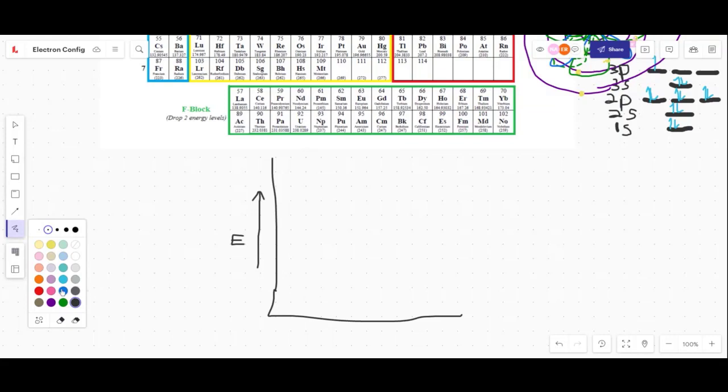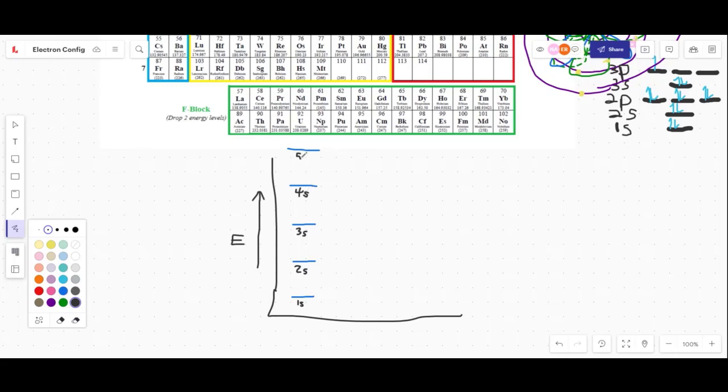So if I was to write out the energy levels of these different orbitals, so here's, okay, this would be like, say, a 1s, here's a 2s, here's a 3s, here's a 4s, here's a 5s. Okay, so I'm going to label these 1s, 2s, 3s, and each one of these lines represents an orbital, okay?